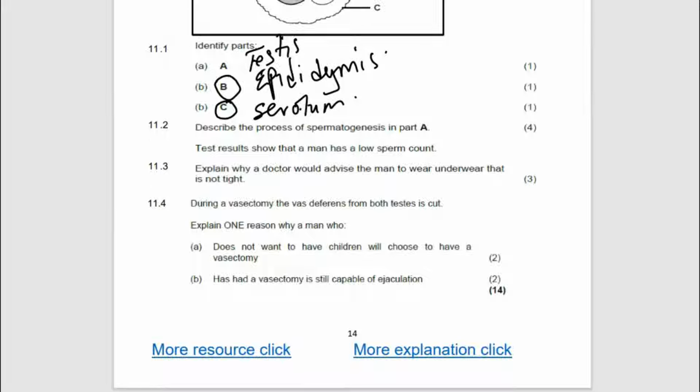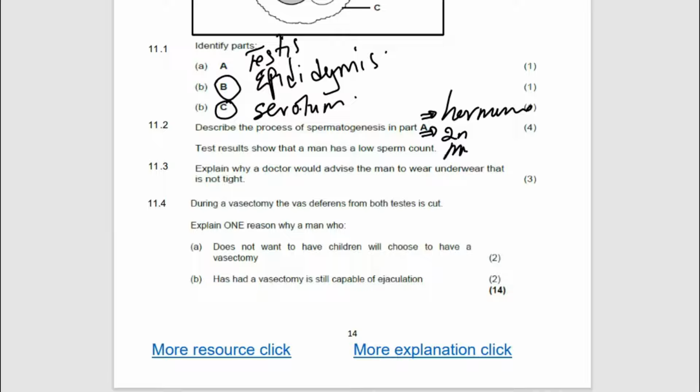So what do you write here? The process of spermatogenesis under the influence of testosterone. So that's the hormone responsible for development of the sperms. Under the influence of testosterone, the diploid cell, the cell which has 2N, will undergo meiosis.